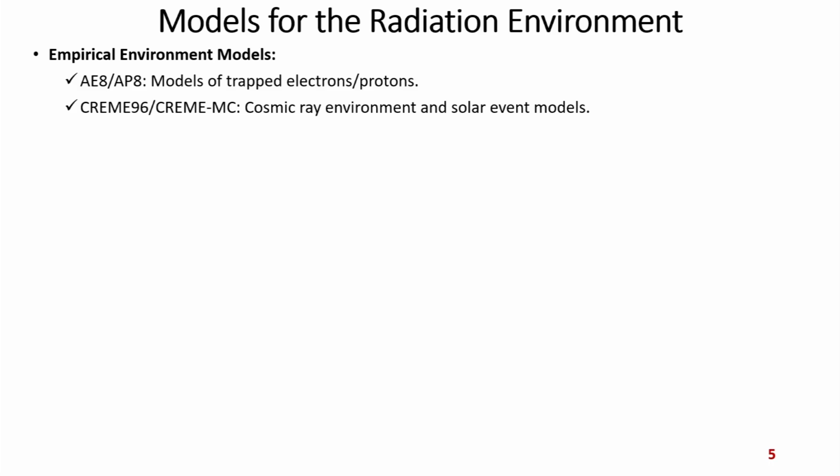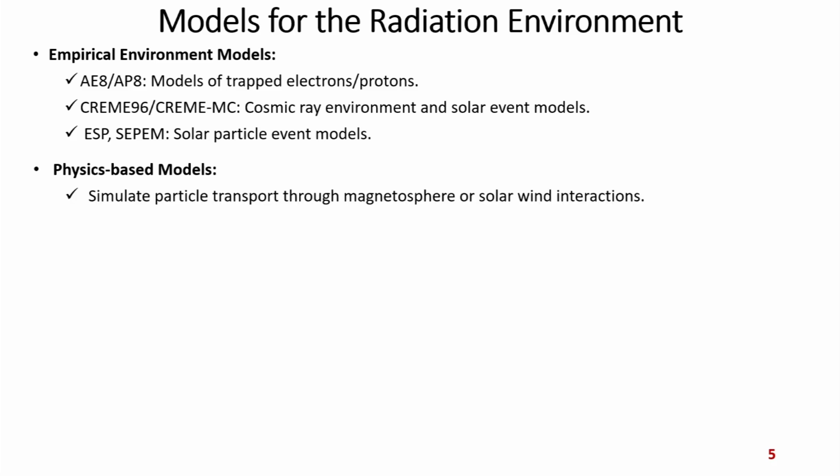Then there are CREME96 or CREME MC, whose full forms I will tell you. These are the cosmic ray environment and solar event models. Then there are ESP and SEP, EM. These are the empirical environmental models for solar particle events.